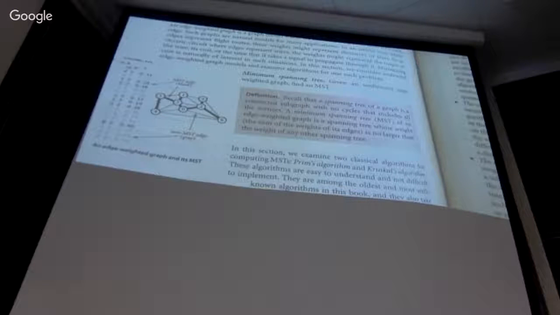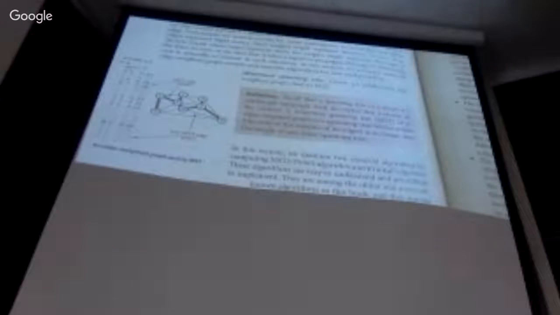Why would a minimum spanning tree be considered useful in an optimization algorithm? Because what we're trying to do here is find a minimum spanning tree, and we presume that finding the minimum spanning tree would give us, in most applications, the answer that we're looking for.